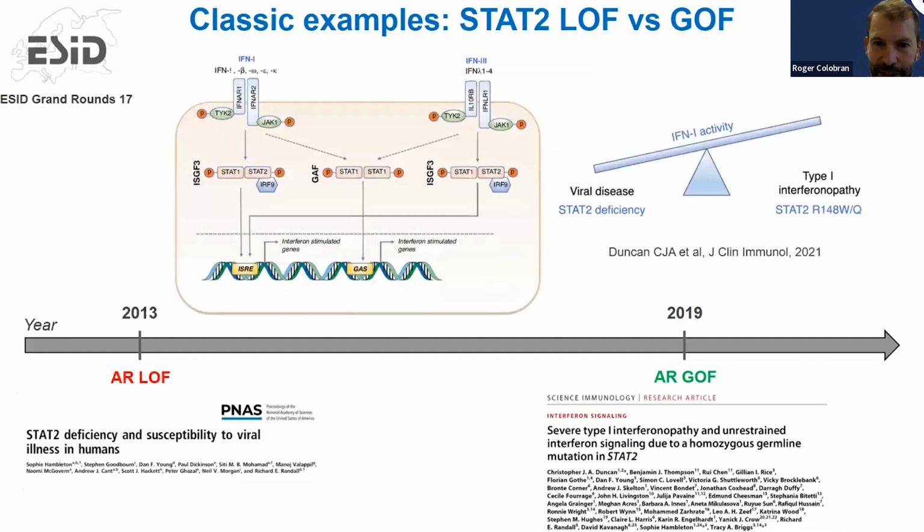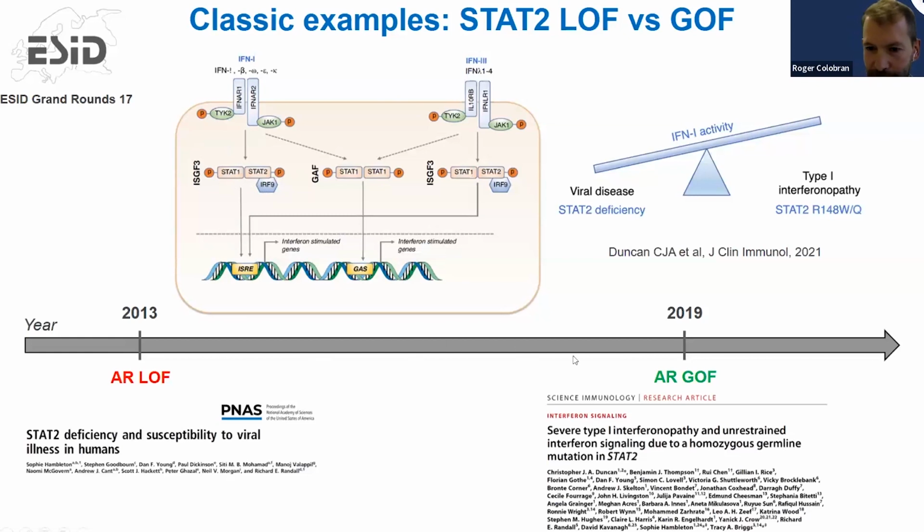Another example is the next member of the STATs, which is STAT2, that was described in 2013 as causing viral infections in humans due to its complete deficiency, so autosomal recessive loss of function mutations, and reflecting the role in the signaling through the interferon 1 and interferon 3 receptor signaling pathway.